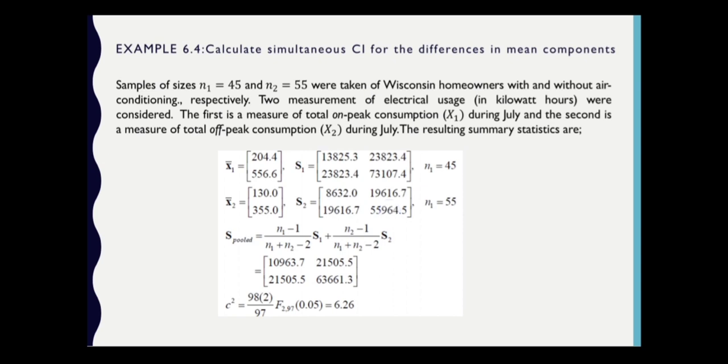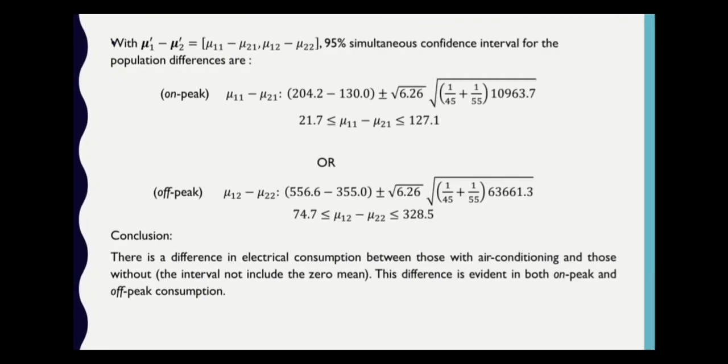Okay. Alright, so in order to find the confidence interval for each of the variable, we need to find the S-pool. Okay, using the formula before this, and then you can find the C squared. So with all this information, we just apply the formula of confidence interval about the population mean difference.